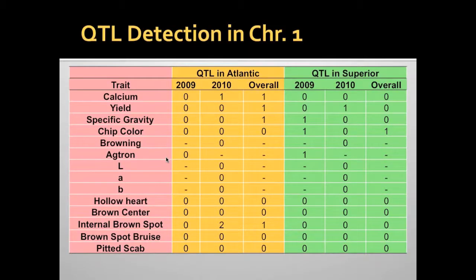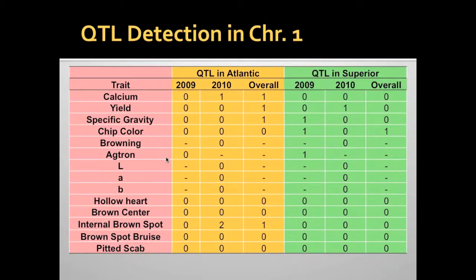Okay, so this is an example. Because there are 12 chromosomes and many traits to evaluate, you get QTLs identified for each parent, and I'm analyzing 2 years separated and also together. So it will be many tables if I want to show everything. But I'm just showing chromosome 1 in this table.